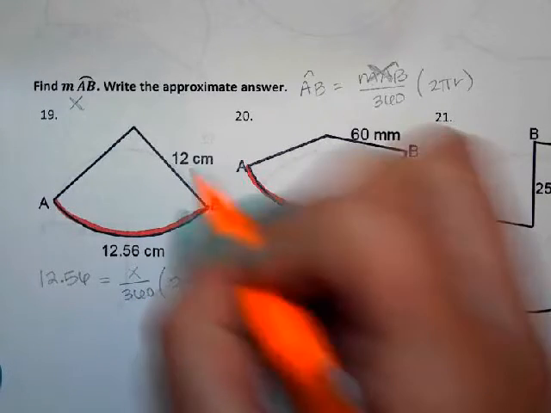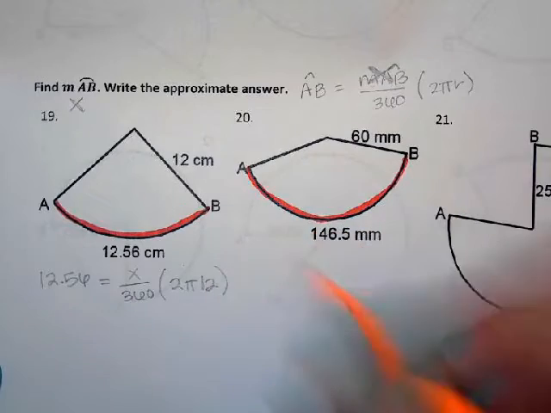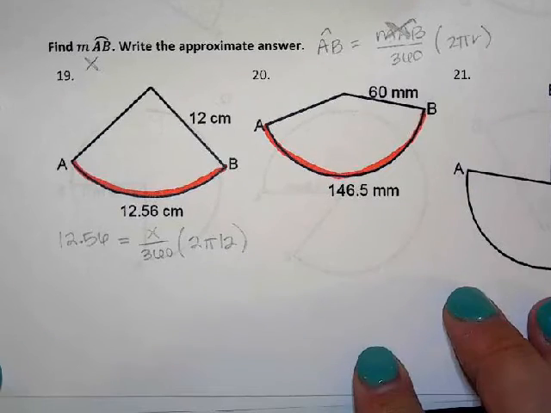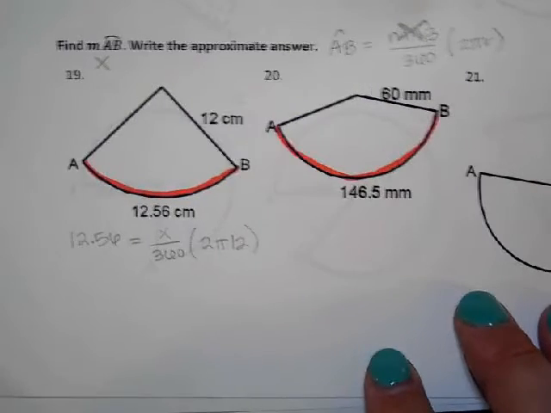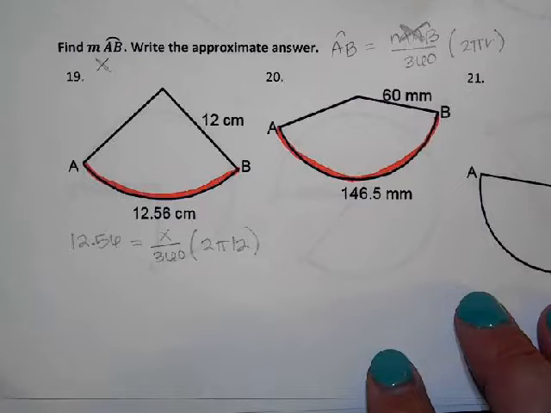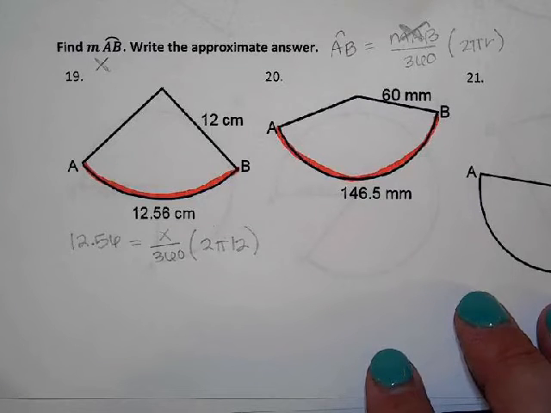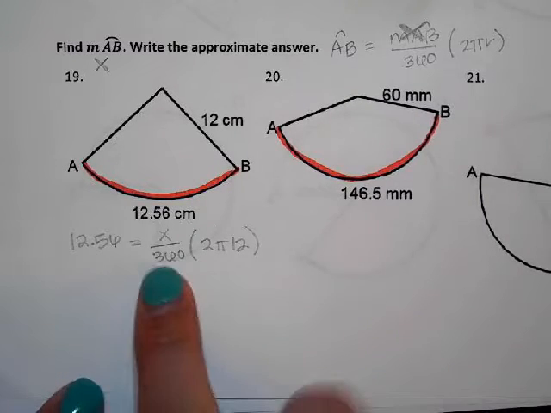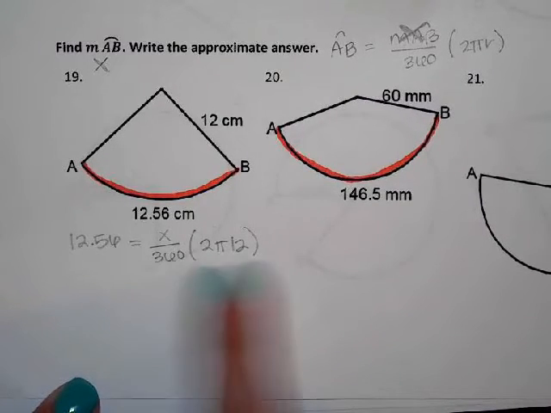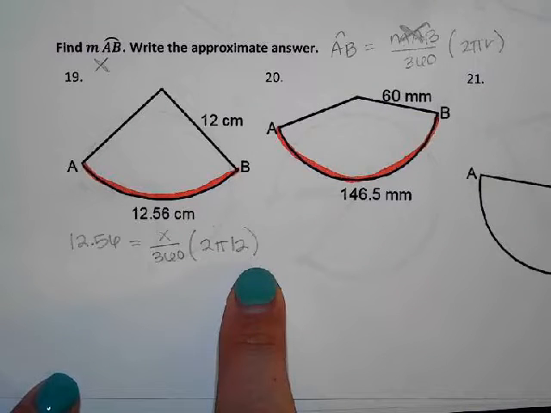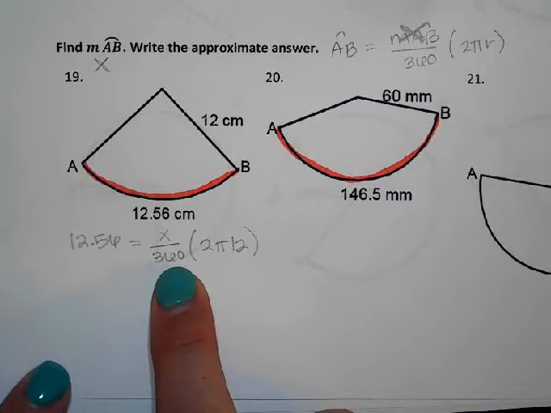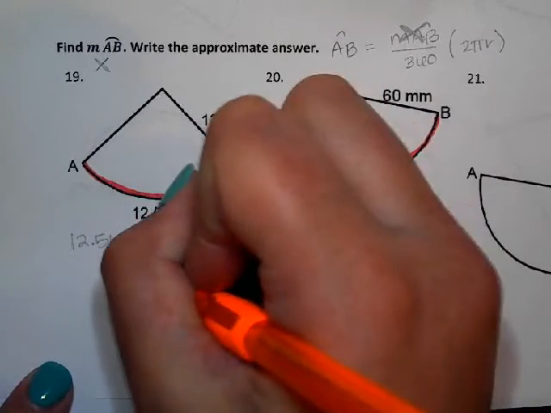And then at this point, now that we've plugged the numbers into the formula, all we have to do is try to get the x value alone. So what's the first thing that you would like to undo near the x? Yeah, it's divided by 360, so we could go ahead and times by 360. And that's not the only first thing you could do. You could undo the 2 pi 12 if you wanted.